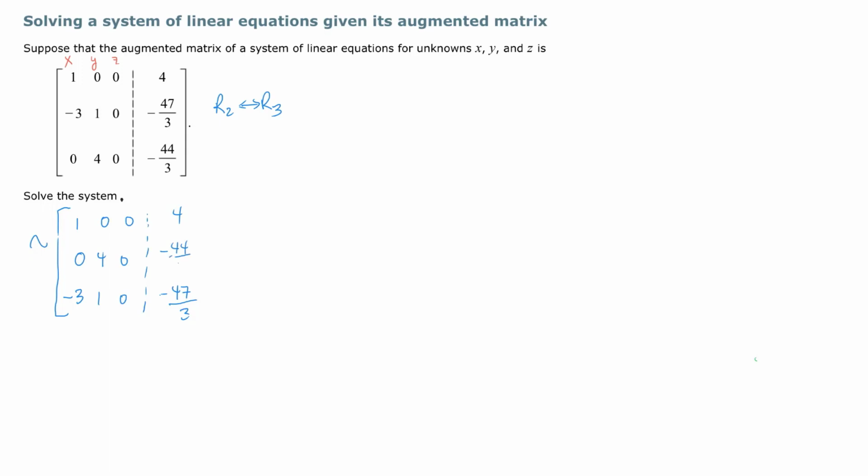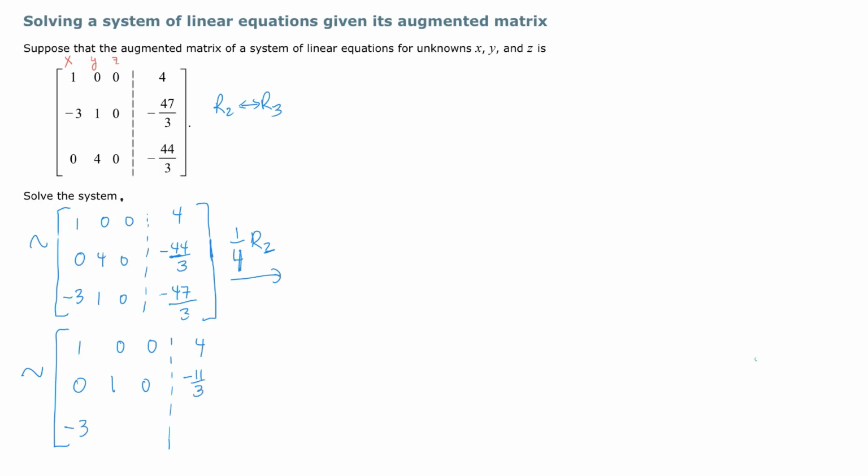And let's try to get another leading 1 in row 2. And the way we're going to do that is simply take 1/4 of row 2 and then store in row 2. That is now row equivalent to 1, 0, 0, 4, 0, 1, 0, and then that's negative 11 thirds.